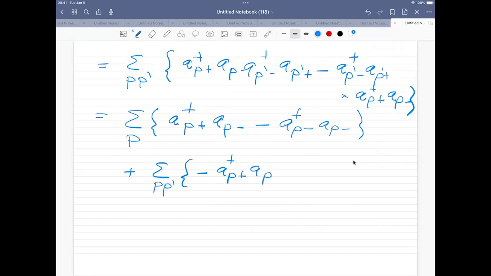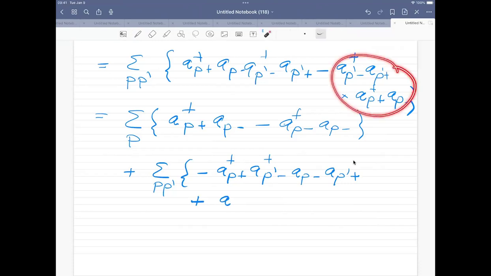You can quickly get lost in all the indices. Even if I've done this many times, it's easy to interchange some of them. Plus, and this has a plus as well. That's the second term which I have. One term here gives me the Kronecker delta, which leads to this term.